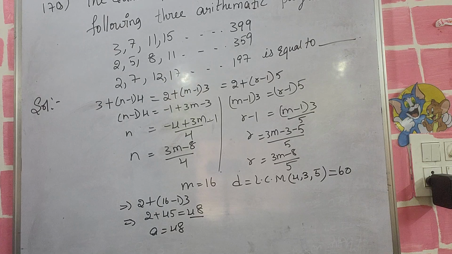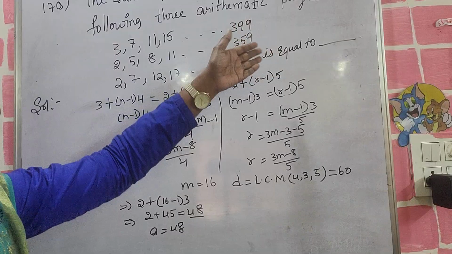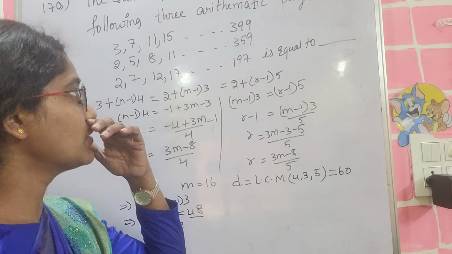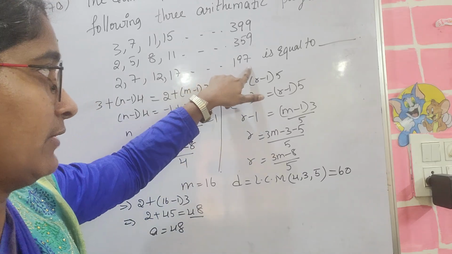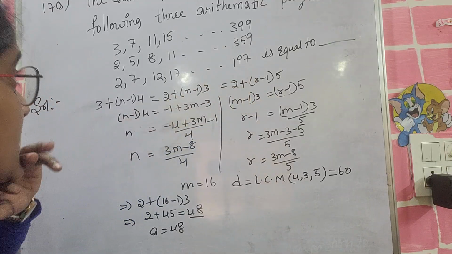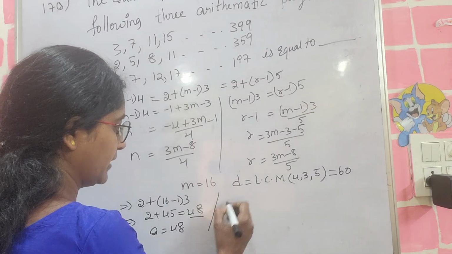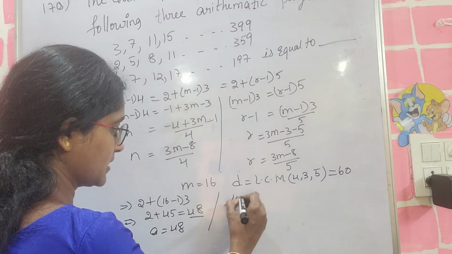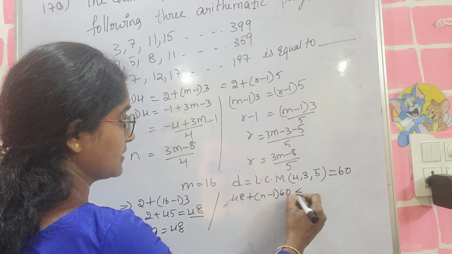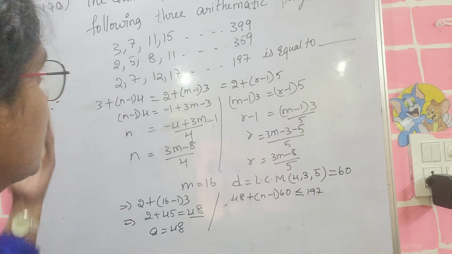Then they were asking, already we have the last term here. They are not saying this is the last n value, but it is the limit. Which one is the least one? 197. The common terms will be less than this only. So we substitute: a is 48, so 48 plus (n minus 1) into 60 is less than or equal to 197. Here we find the n value, and then we find the sum of the terms.